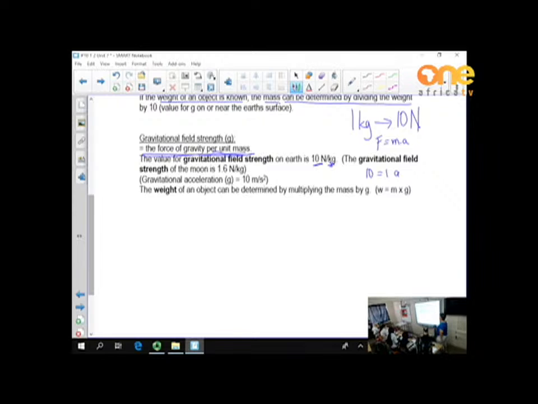On the moon, that's approximately 1.6 Newton per kilogram. Because of the force being 10 Newton per kilogram, we find that gravitational acceleration, the acceleration caused by this force, is equal to 10 meters per second squared. And any object falling close to the Earth will fall at a rate of 10 meters per second. All right. We can determine weight by multiplying mass by g.